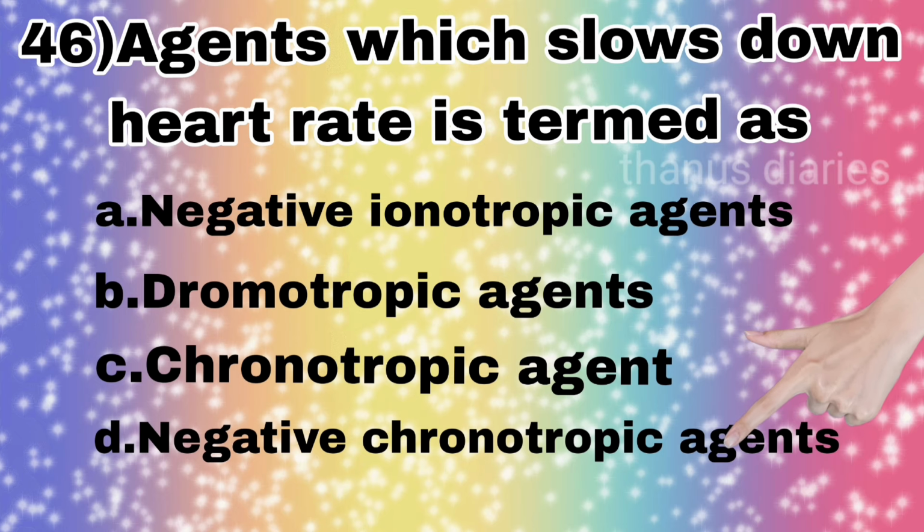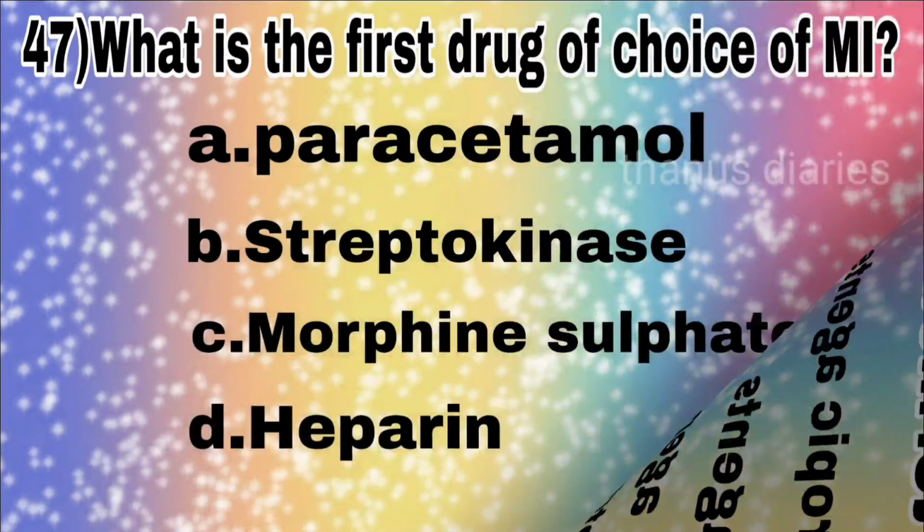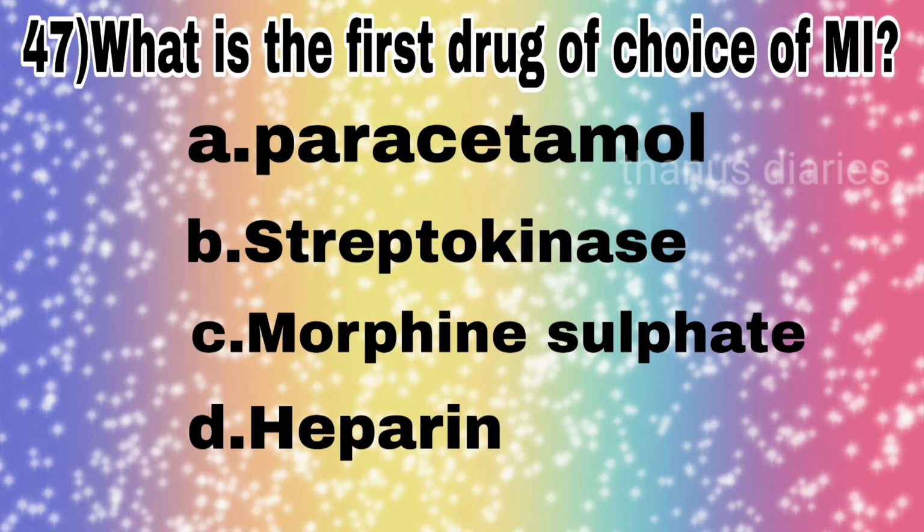It's negative chronotropic agents. Next question. What is the first drug of choice for MI? Paracetamol, streptokinase, morphine sulfate and heparin. And the answer is morphine sulfate.